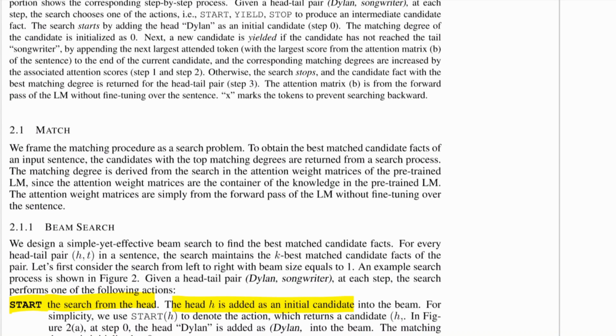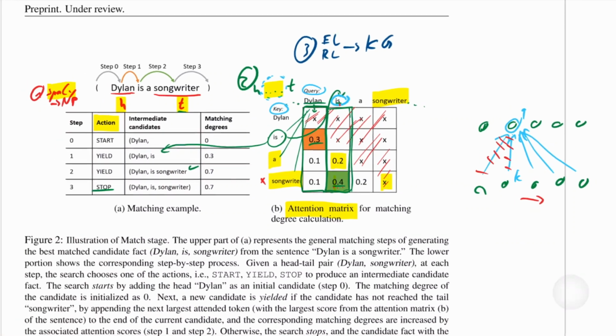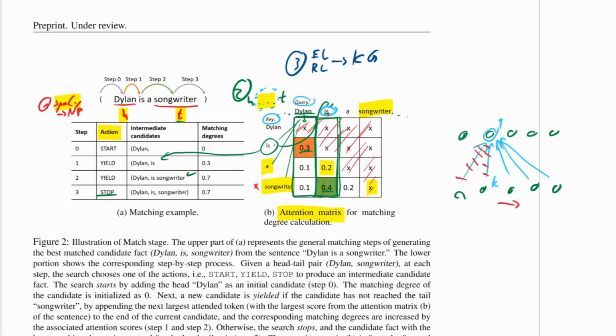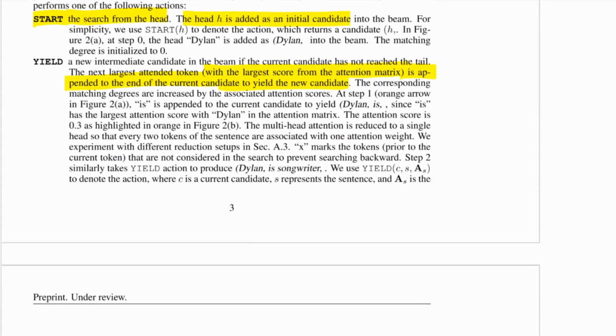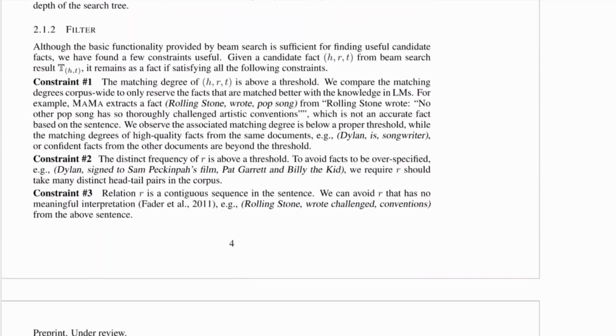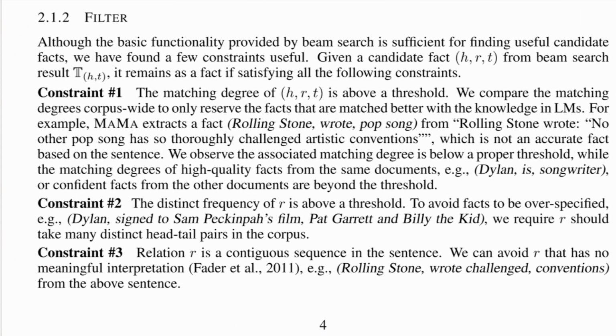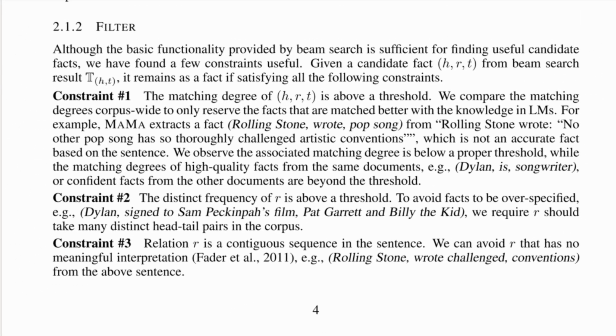What I much rather think is that they are really, really good at grammar and statistical association between words across the language, and that's why they can extract these candidate facts so well. Okay, so that's what I think about the algorithm. They do constrain it some more, as if it doesn't already have enough constraints, but they all make sense, okay?